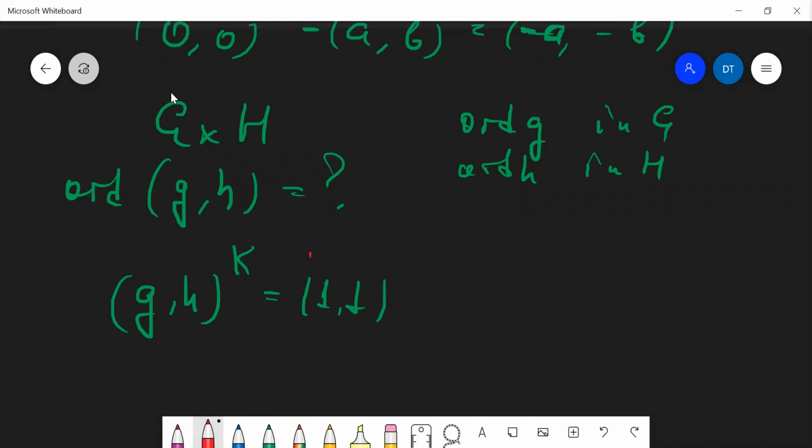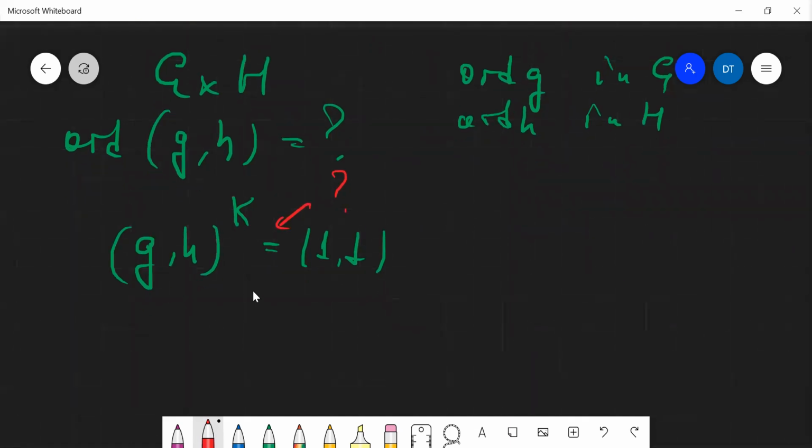We want to find the smallest possible positive integer k with this property. But first of all, let's describe all integers k satisfying this property. We may compute the left-hand side. By the definition, the left-hand side is (g^k, h^k).